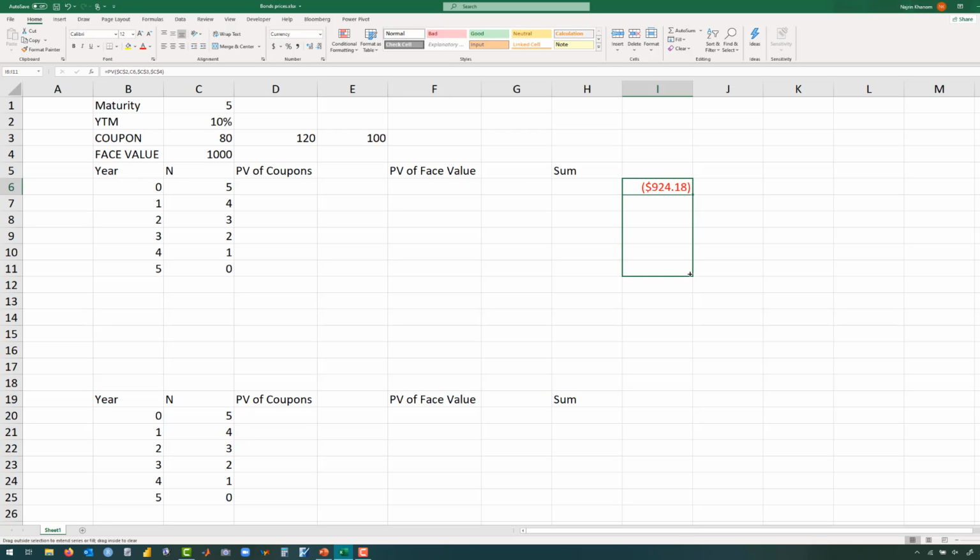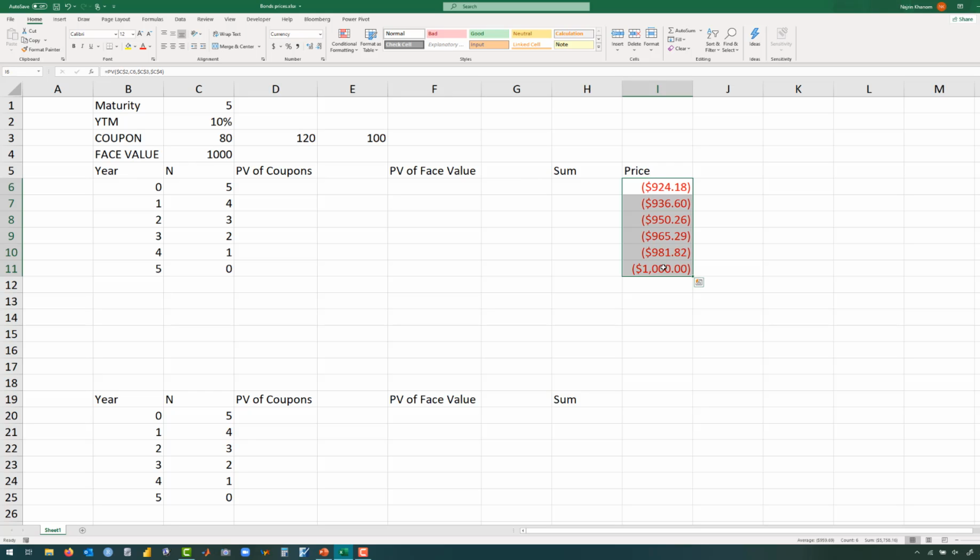So if I drag this along, you can see how the price of the bond is changing. Let's call this the price of the bond. If this is a discount bond, you can see that over time, the value of this discount bond is going up, assuming everything else remains the same.